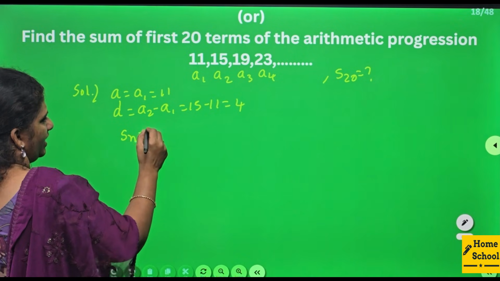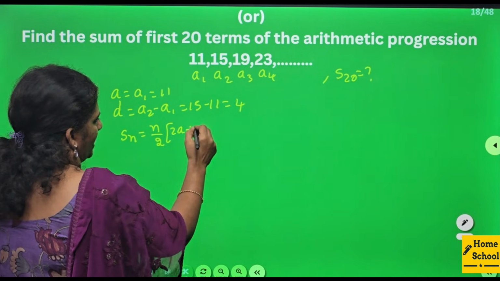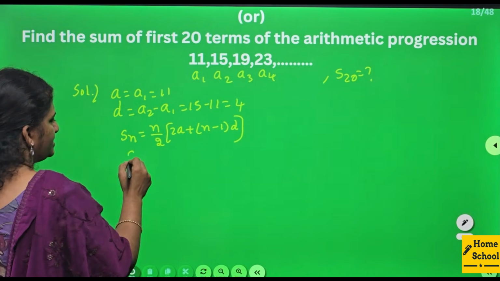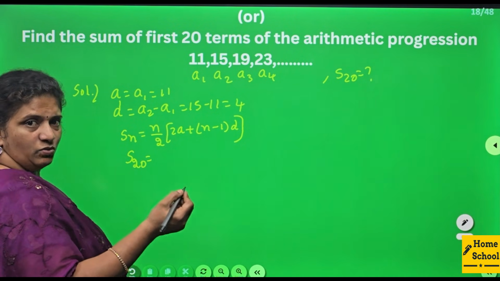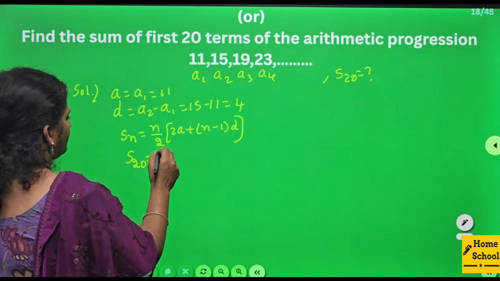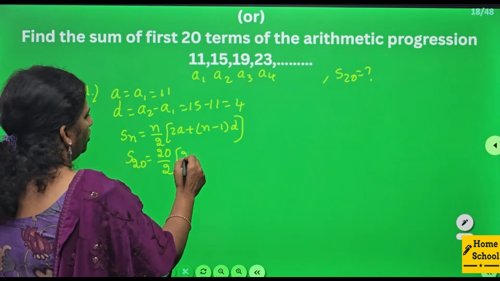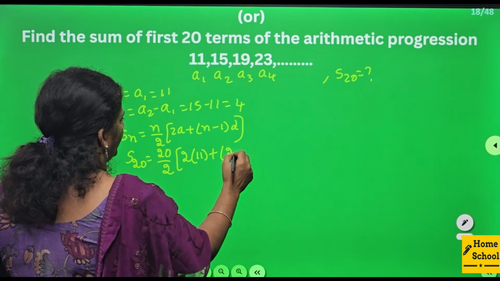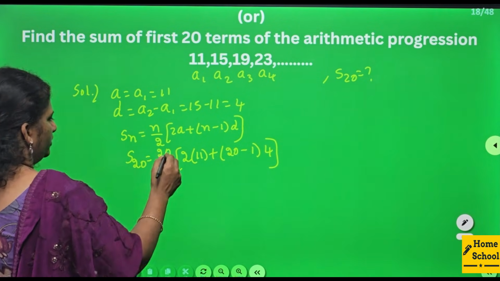Sn formula is n by 2 into 2a plus n minus 1 into d. S20 is equal to, we know n value, how many terms sum we need? 20. That means n value is 20. 20 by 2 into a value is 11 plus 20 minus 1 into d value is 4.